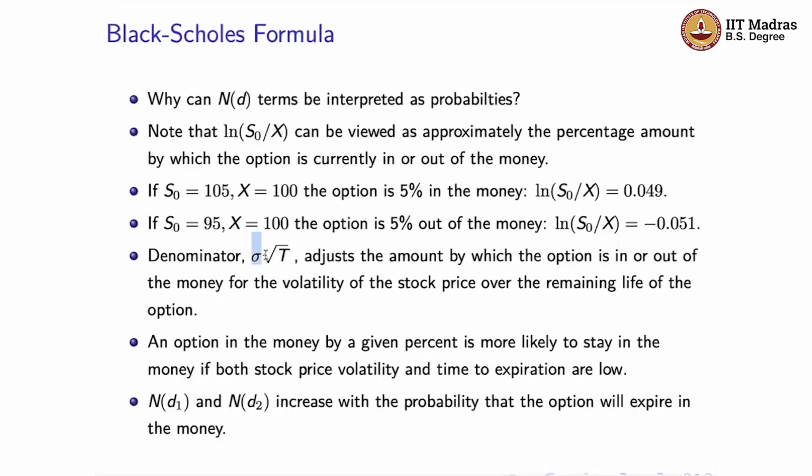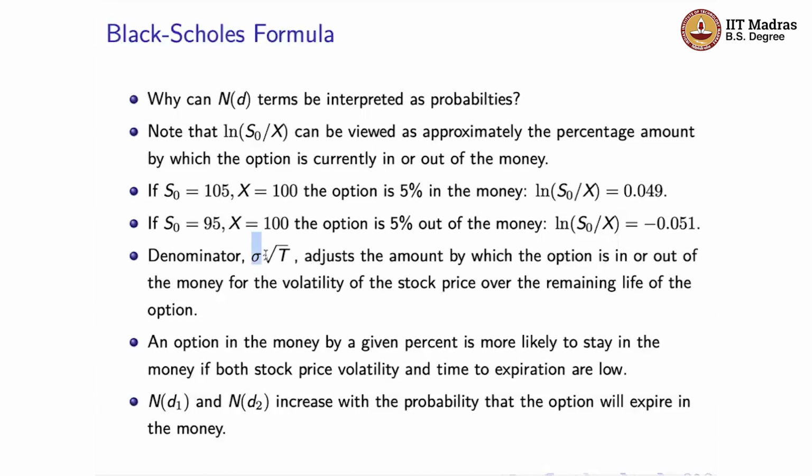So basically, what this is saying is that the higher the volatility of the stock, that's going to have an effect on whether the fact that you are currently in or out of the money is going to extend to the time of expiration. Are you still going to be in or out of the money?